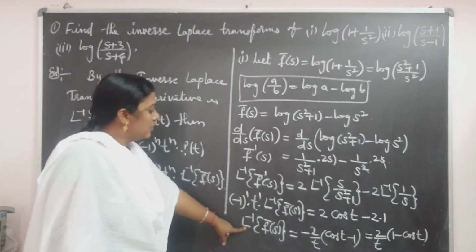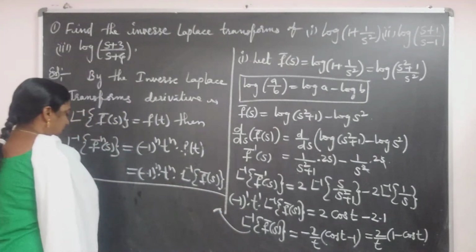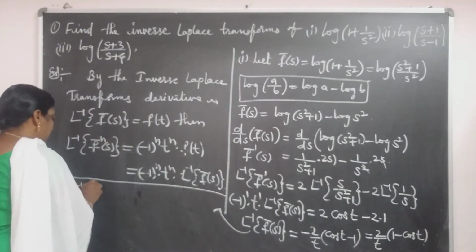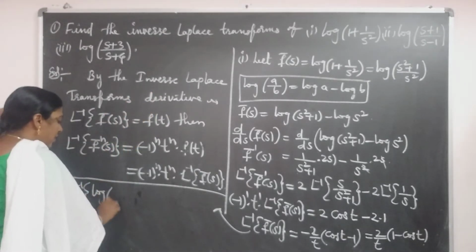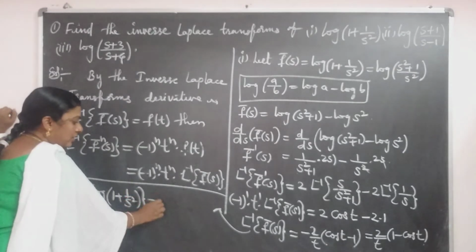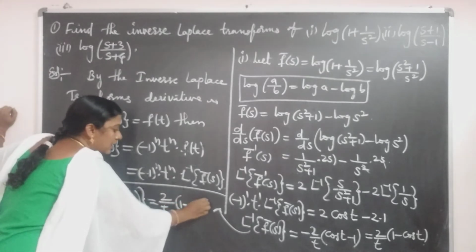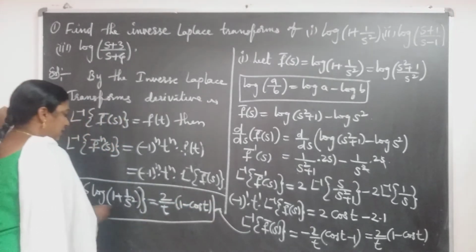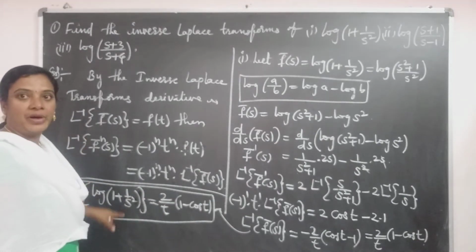Here L inverse of f bar of s, what is f bar of s? Log of 1 plus 1 by s square. It is equal to 2 by t into 1 minus cos t. It is the inverse Laplace transform of the given function.